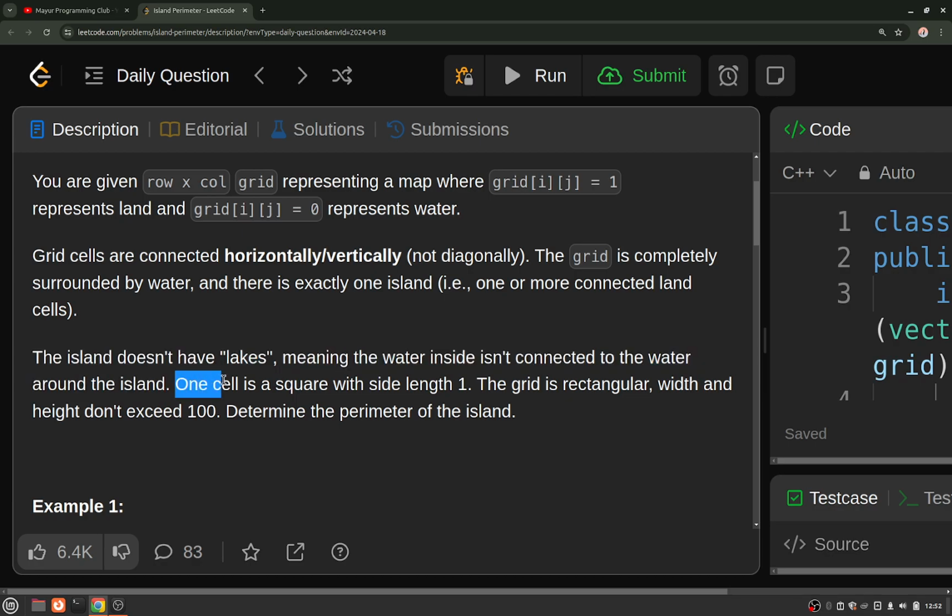One cell is a square with side length equal to 1, and the grid is a rectangular grid. Width and height do not exceed 100. So determine the perimeter of the island.